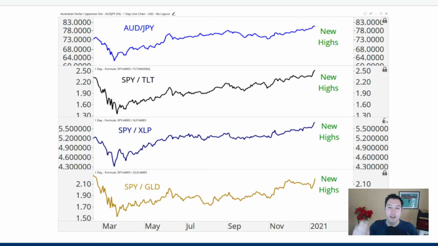It matters what the Forex markets are pricing in, particularly Aussie yen, which is a great risk on, risk off indicator. Not to mention it looks exactly like all these other ones, in case you hadn't noticed that. So if you're Mr. Gloom and Doom and you think stocks are going lower, I think you really need to watch these crosses, right? We mentioned it last week on the show. You really want to watch these crosses.